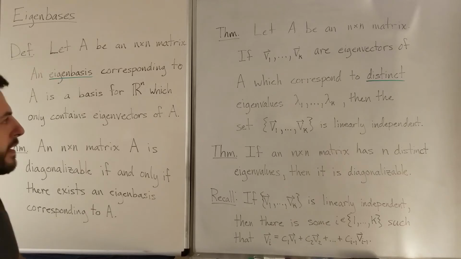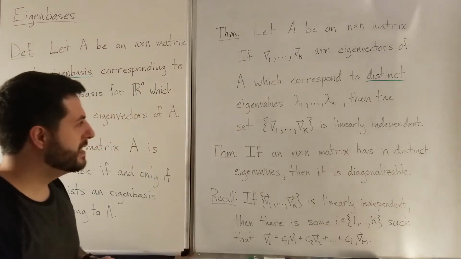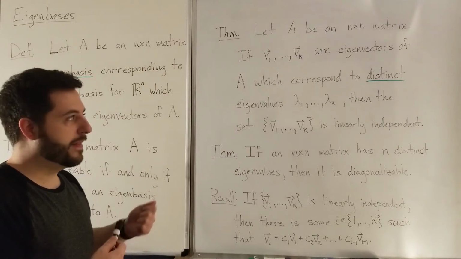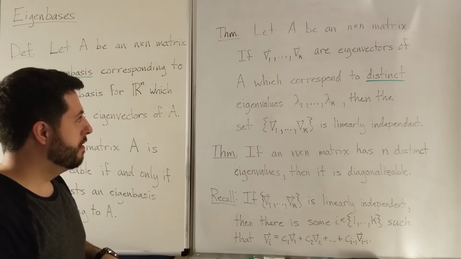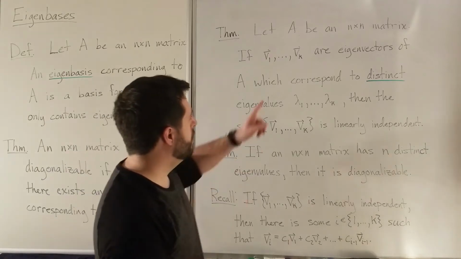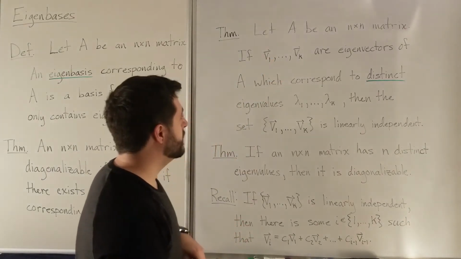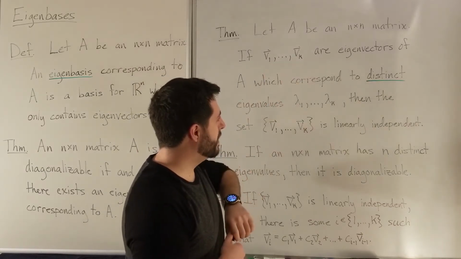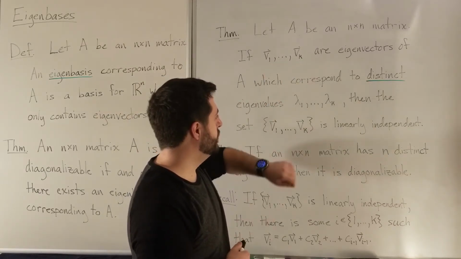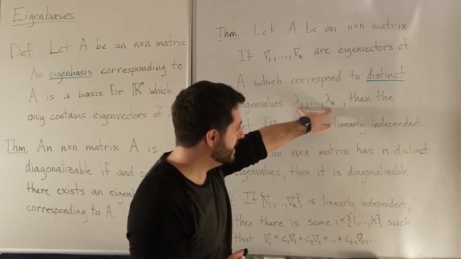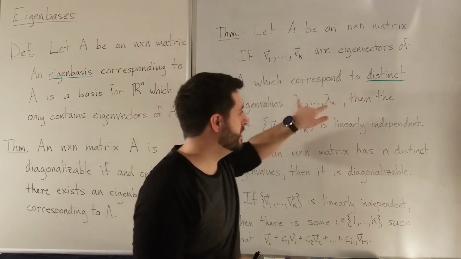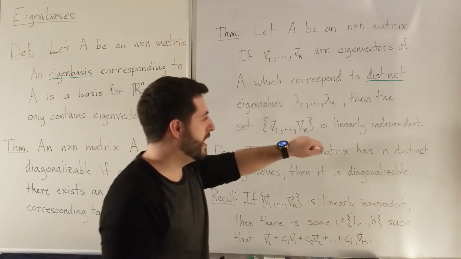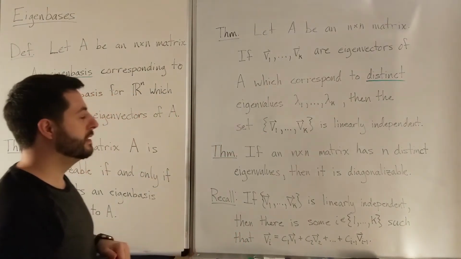And this theorem right here says that if we actually had different eigenvalues, then that couldn't have happened. Let A be an n by n matrix. If we have k eigenvectors corresponding to k distinct eigenvalues, they have to be distinct, then the set v1 through vk has to be linearly independent.